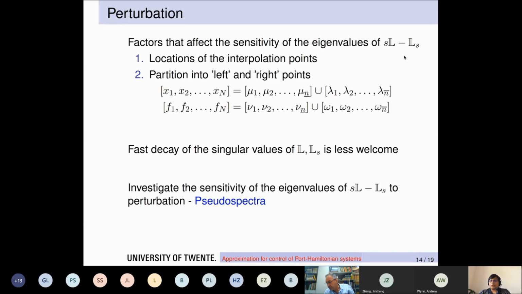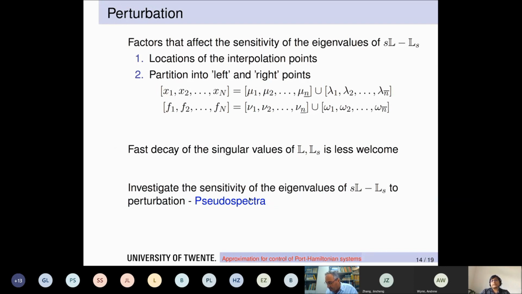So the sensitivity of these eigenvalues is important to analyze, and this sensitivity of the eigenvalues is affected by the location of the interpolation points and how we partition the data into left and right points. There is an important comment on the difference between using this Löwner framework in model order reduction and using it for system recovery, but I skip that part.